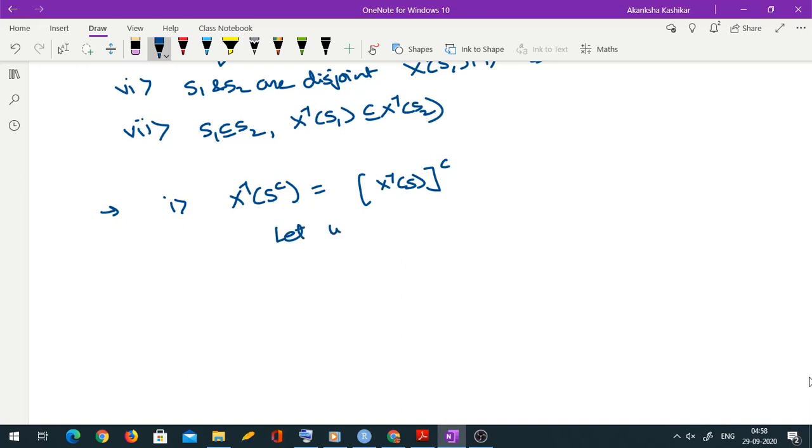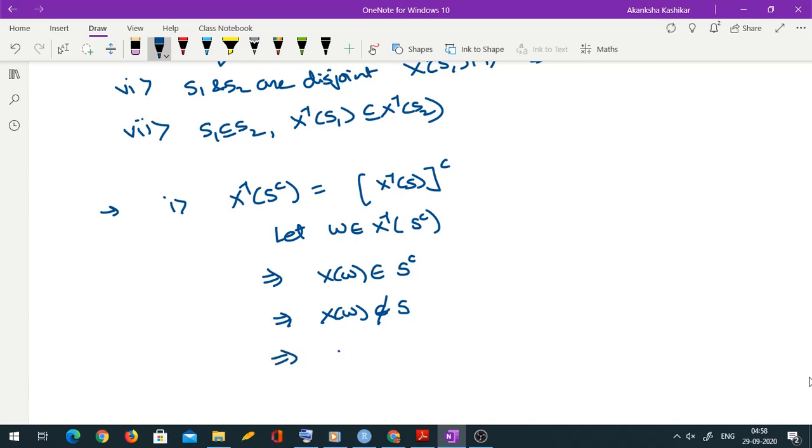So let omega belong to x inverse of S complement. What does it mean? It means that the image of omega is in S complement. So x of omega is in S complement. Okay, x of omega is in S complement means x of omega is not in S, because that's why it is in its complement.